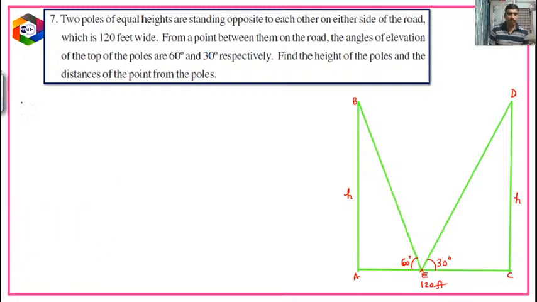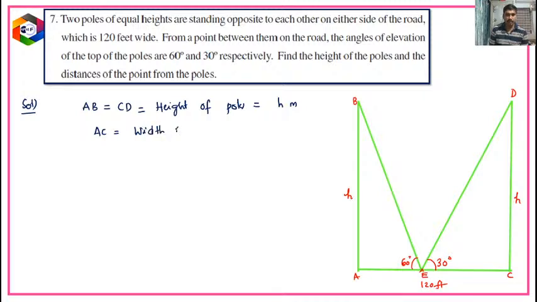Now I am going to write the information that is given here. AB is equal to CD is equal to the height of the poles, which is H meters. Now AC is the width of the road. The two poles are on either side of the road, that means AC is equal to 120 feet.